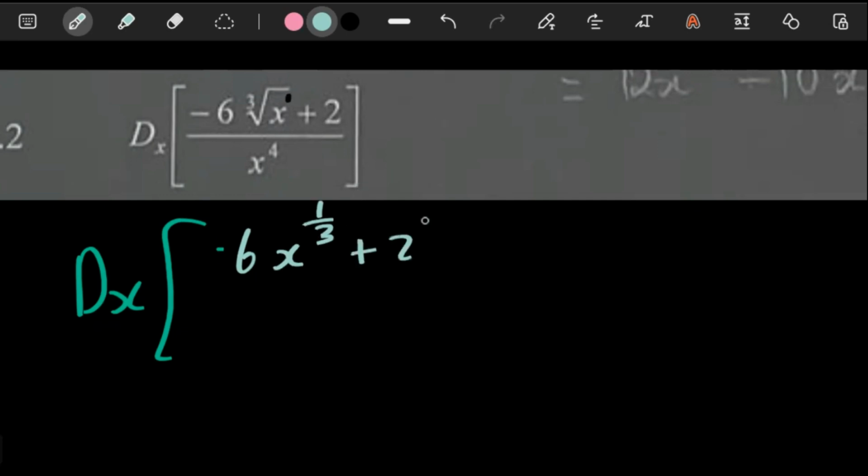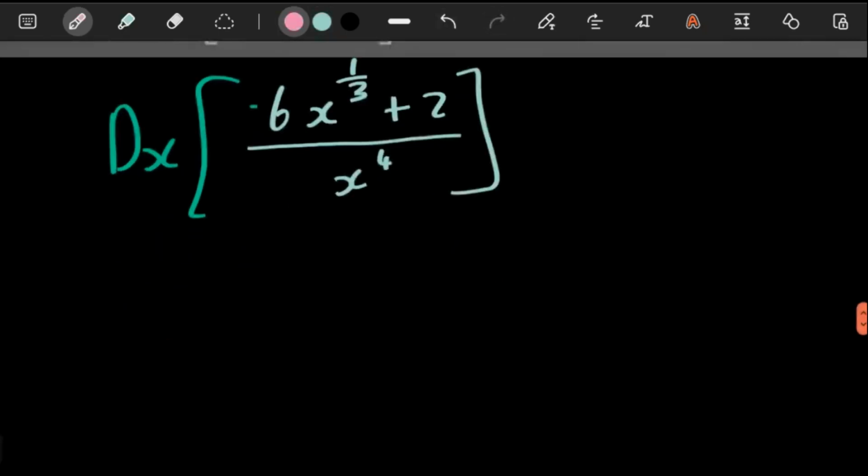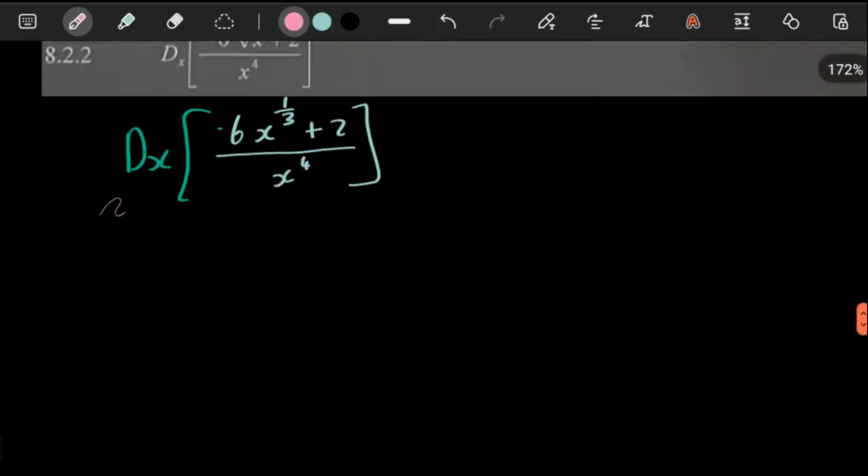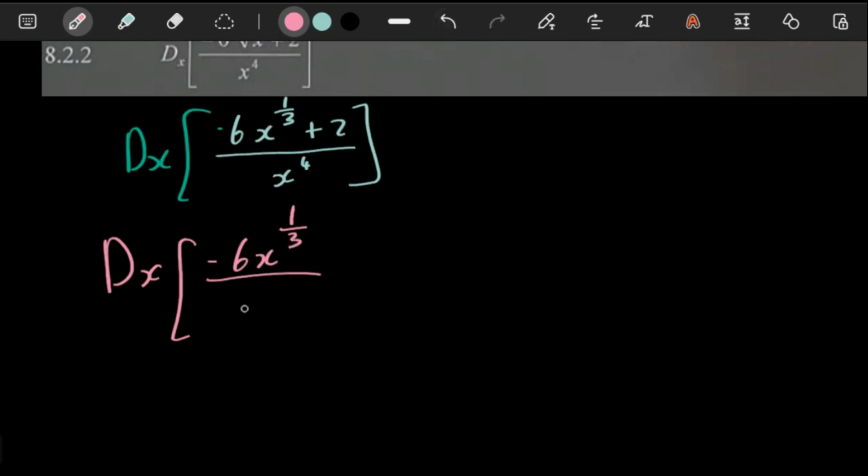Let me not do too many things at the same time. The denominator here is x to the power of 4, so you put each term at the top under this denominator. So this is going to be negative 6x over x to the power 4, and then 2 over x to the power 4.